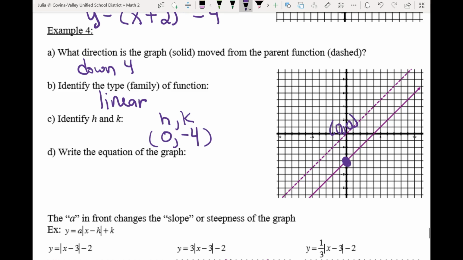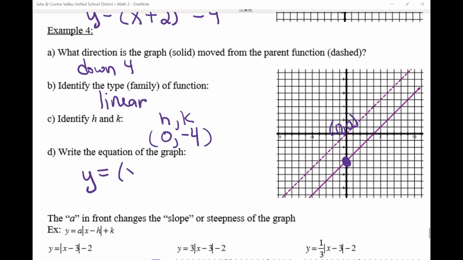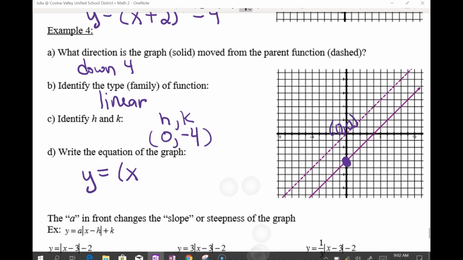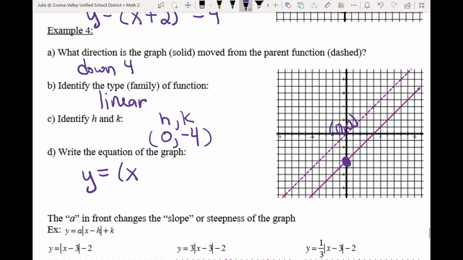Uphill, so a is positive, so we don't have to change anything there. So we're going to go with x what? Do the h there. X what? -0. And then -4.